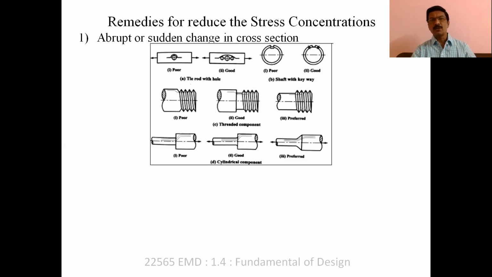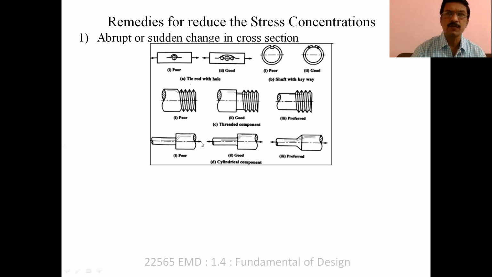Go further. Think about the remedies. If there is a stress concentration, there should be remedies. So what are the remedies to reduce this stress concentration? That we'll see now. Wherever there is an abrupt or sudden change, you can modify that abrupt change like this.